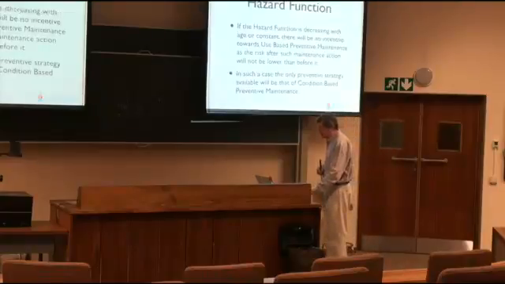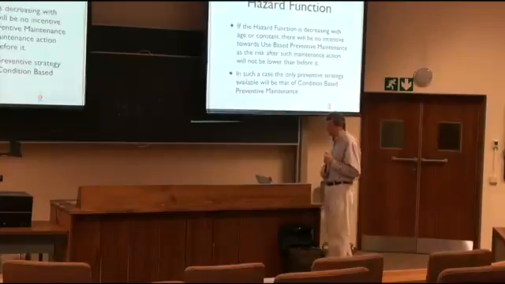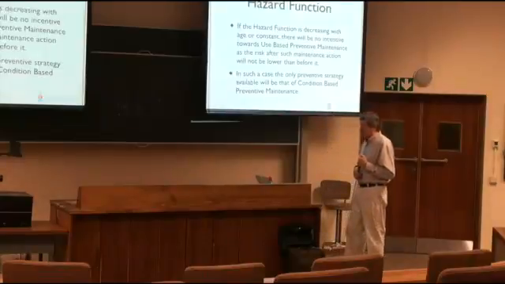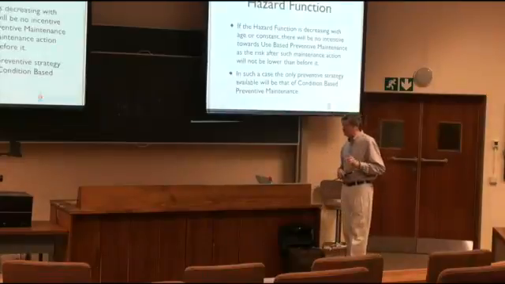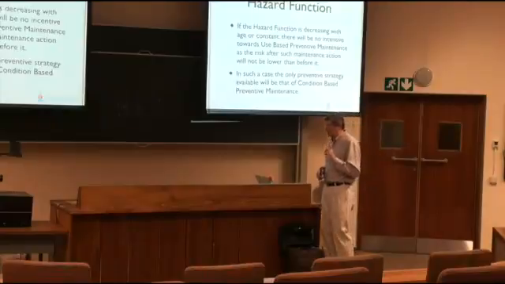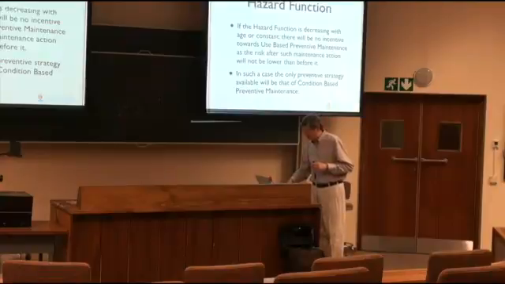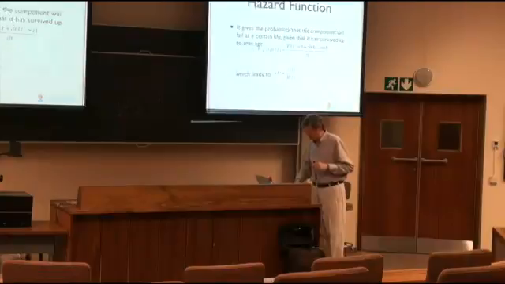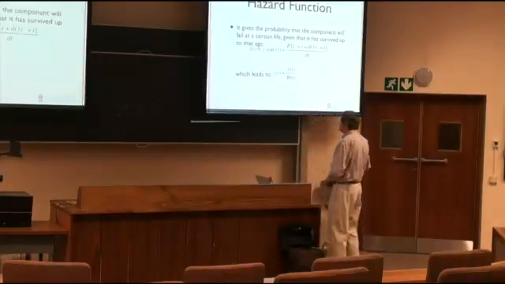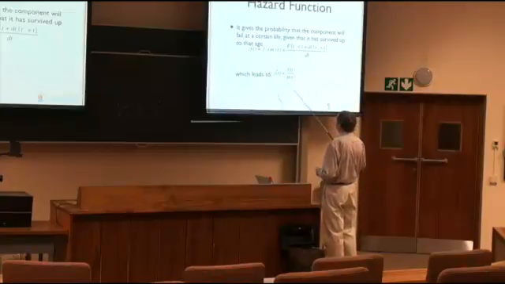So if the hazard function is decreasing with age or constant, we say there will be no incentive. We must now understand something. Before I say this, I want to say something about what we're saying here.